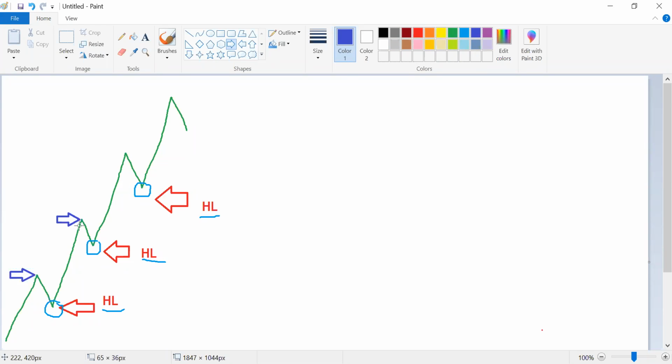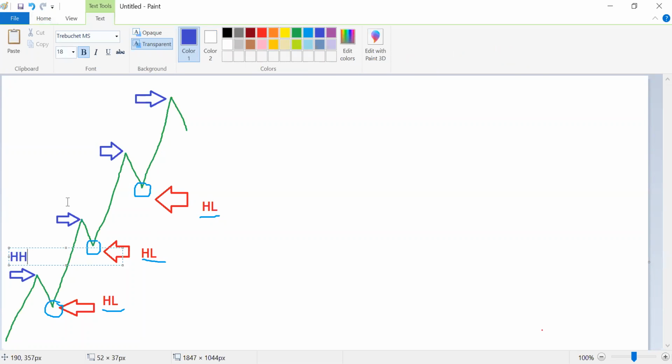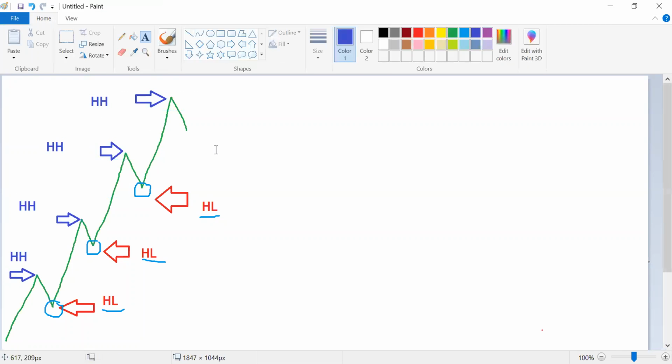This high is greater than the previous high, and this high is greater than the previous high. These are higher highs. Is this clear? So now you know when to buy a stock: when you see higher lows and higher highs.